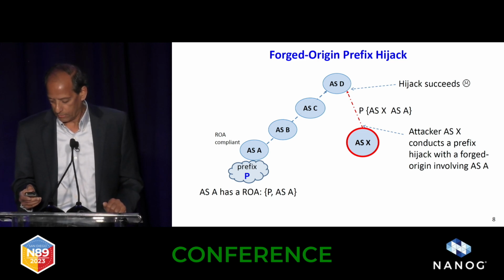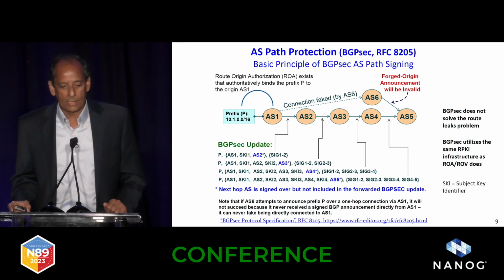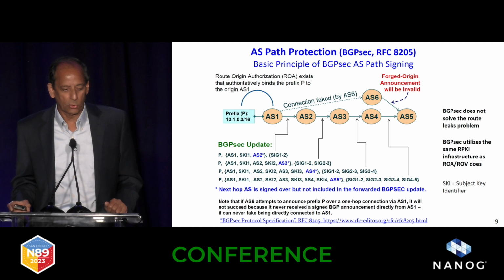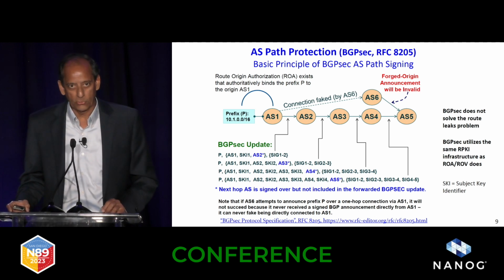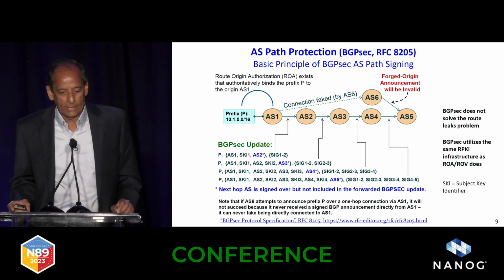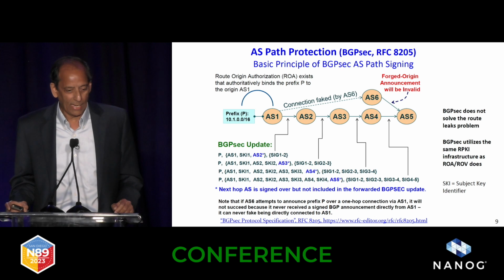The solution to this, of course, we have in BGPsec, where for the origin AS there would be a ROA for the prefix with the originating AS, and then every AS would sign the path to the next AS. When AS5 in this picture receives the correct path, it is able to verify all the signatures, and it can verify that that's a valid path.